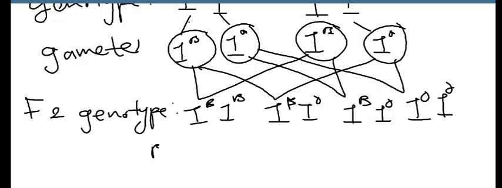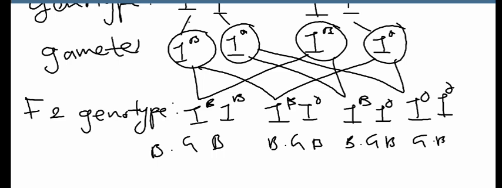This one is going to be blood group B. This one blood group B. This one blood group B. Then this one is going to be blood group O. So that is what you're supposed to answer.